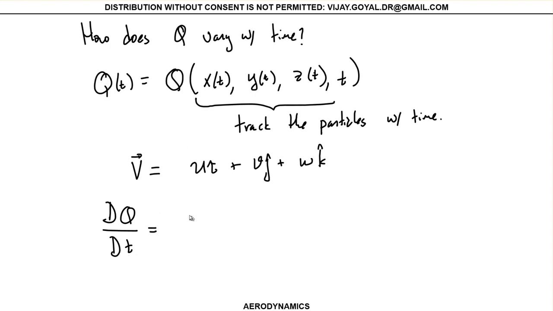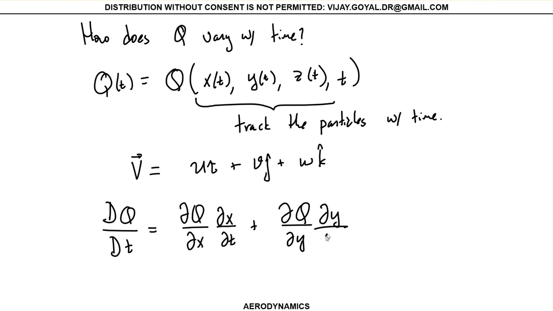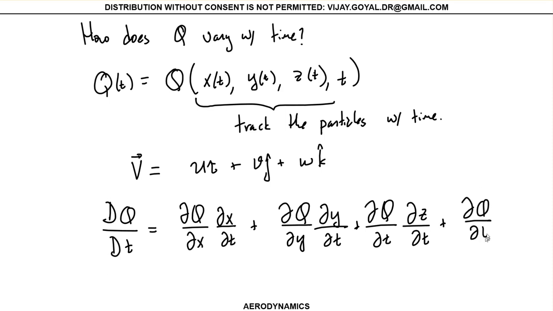The chain rule says partial of q with respect to x times partial of x with respect to t, plus partial of q with respect to y times partial of y with respect to time, plus partial of q with respect to z times partial of z with respect to time, plus partial of q with respect to time, because this is the other variable I have here.